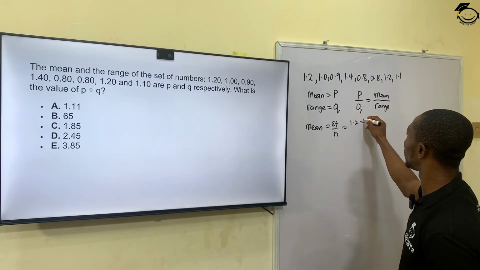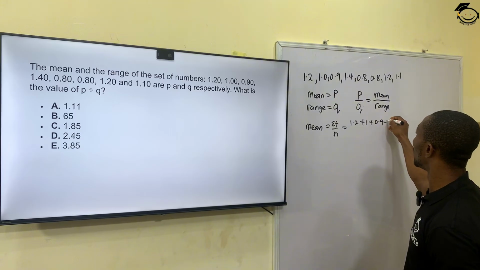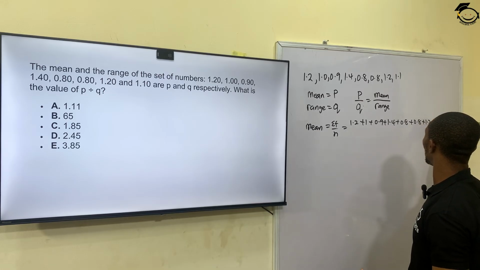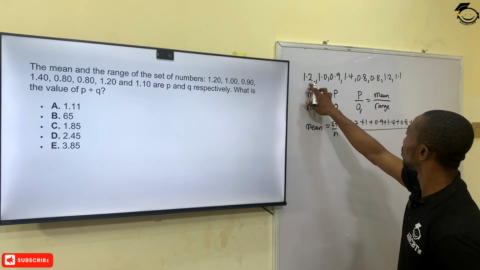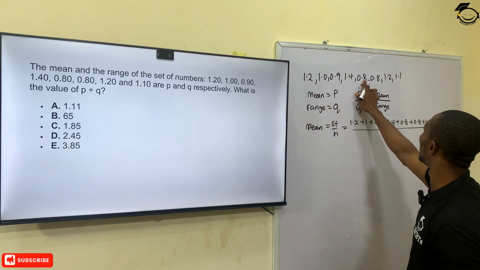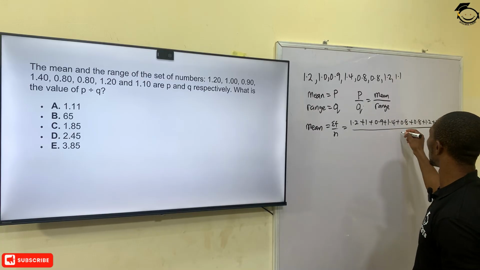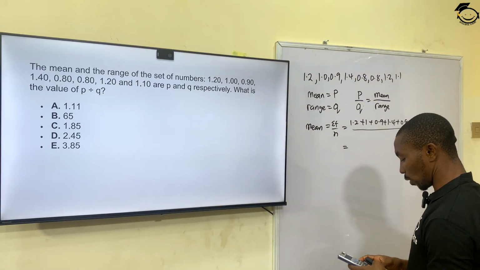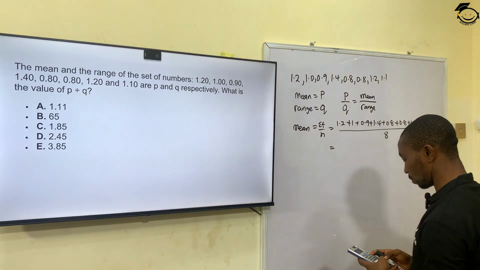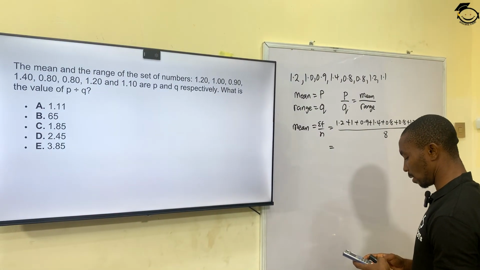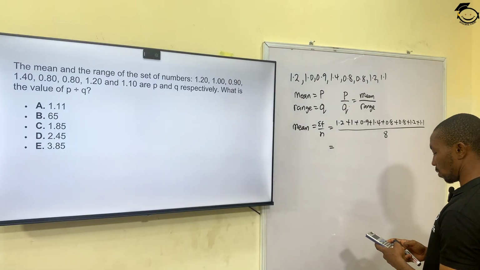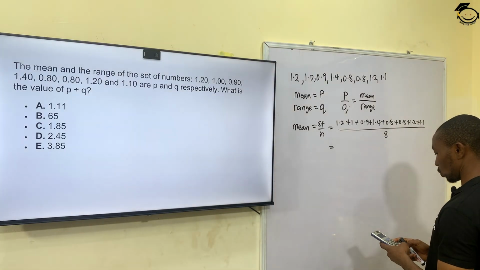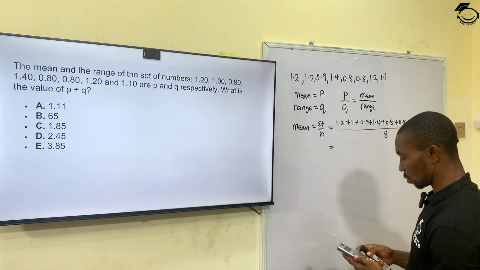This will become 1.2 plus 1 plus 0.9 plus 1.4 plus 0.8 plus 0.8 plus 1.2 plus 1.1 divided by 8, since there are 8 numbers.